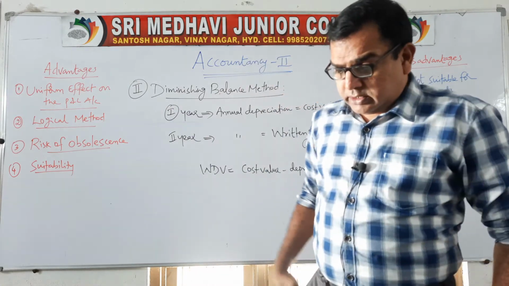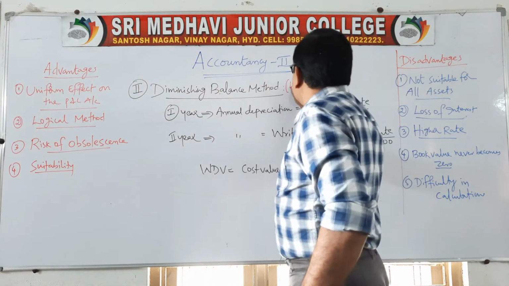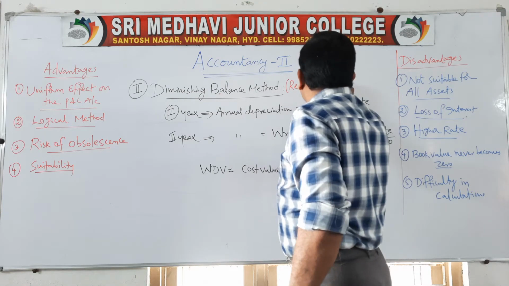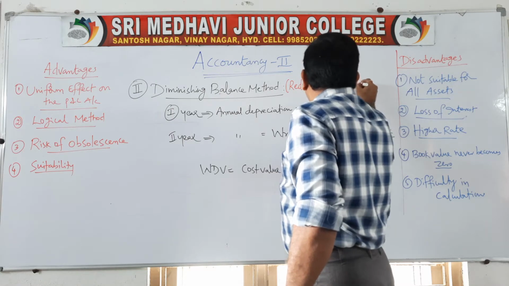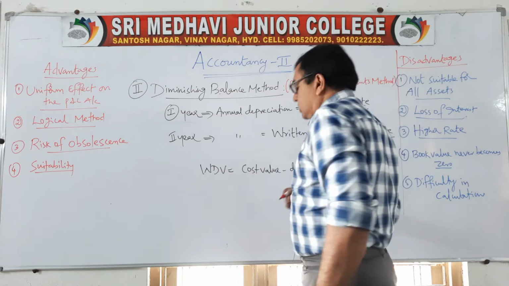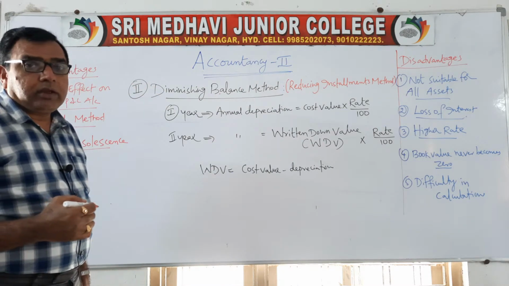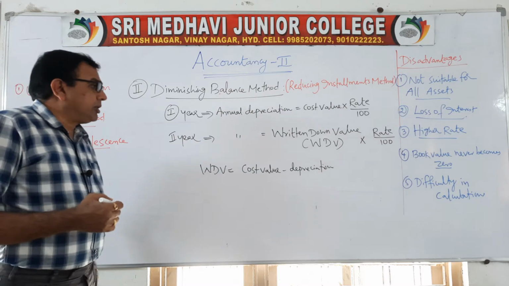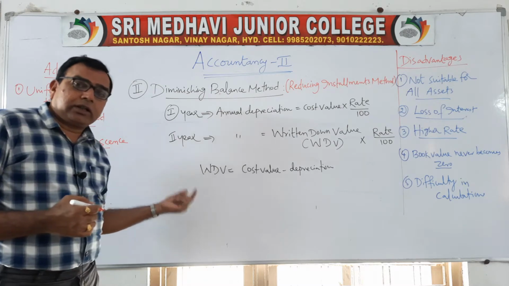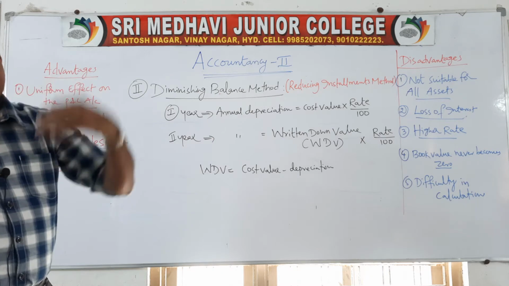Diminishing balance method is also known as reducing installments method. Diminishing means what? Reducing. In the previous class you might have learnt that if we calculate the annual depreciation in the first year, it remains the same for the consequent years.